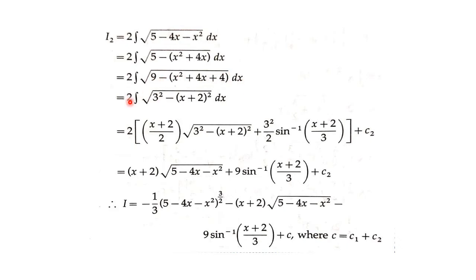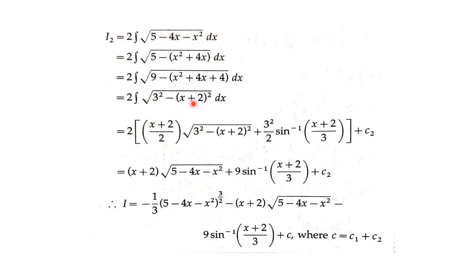Therefore, I2 is equal to twice the integration of this term, which can be written as 3 square, and this is a perfect square or complete square of, taking the square root of x square, which is x, sign of the middle term and square root of the last term, bracket square, into dx, which is equal to 2, 2 is already there, and this is a standard form, a square minus x square.